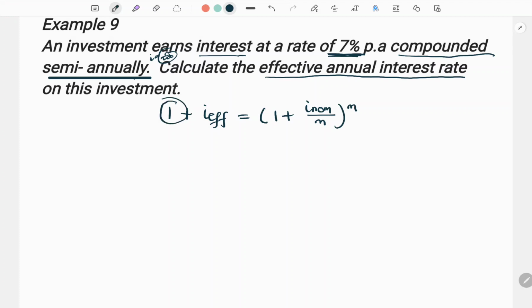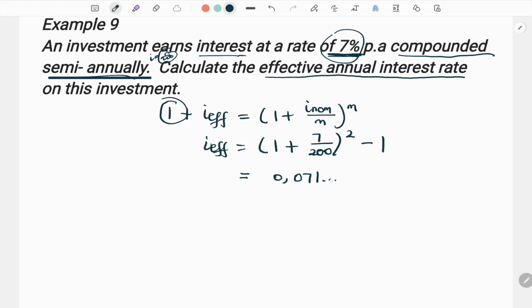Then you transpose the 1. i effective is equal to 1 plus, this is your i nominal, 7 over 200 since it's compounded semi-annually, exponent of 2, minus 1. Then you punch in your calculator. You're going to get 0.071 something.